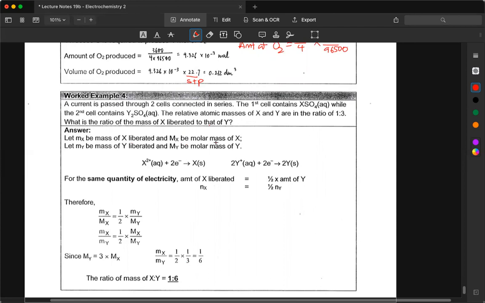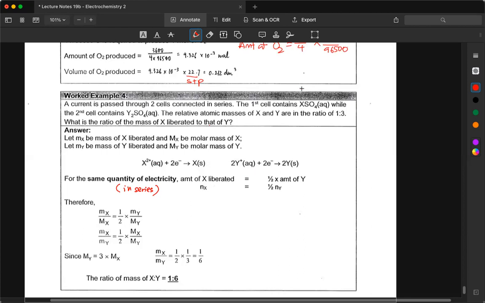Because their ratio is in terms of atomic mass, I will use this. Then same for this one. Because they are in series, they are having the same quantity of electricity. So the amount of electrons is the same.